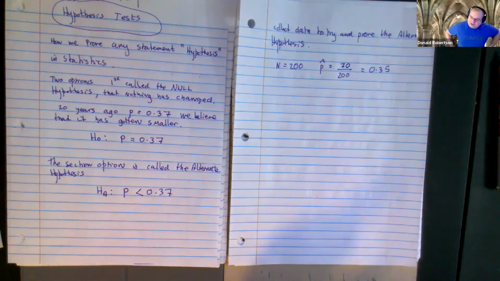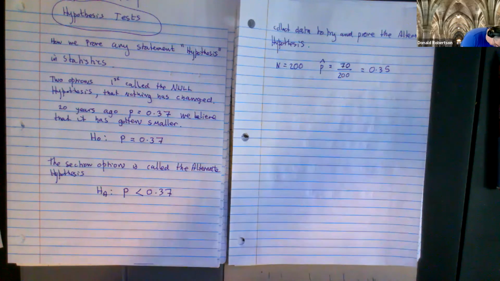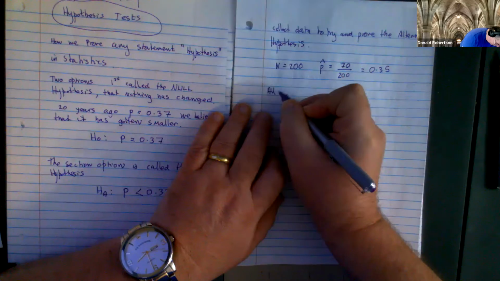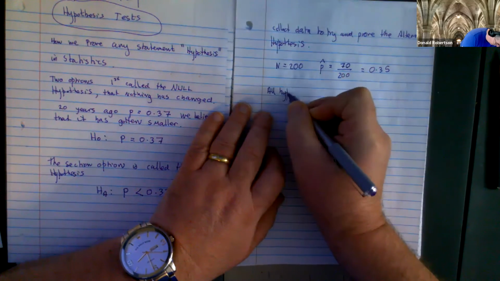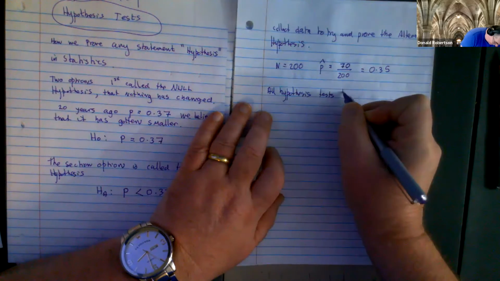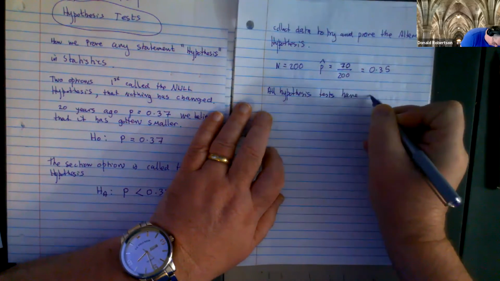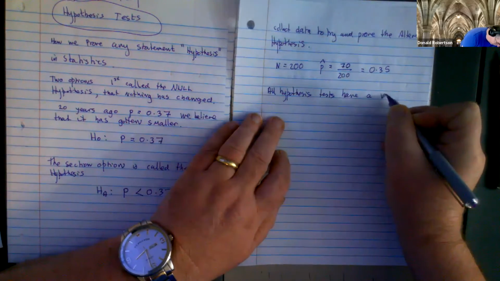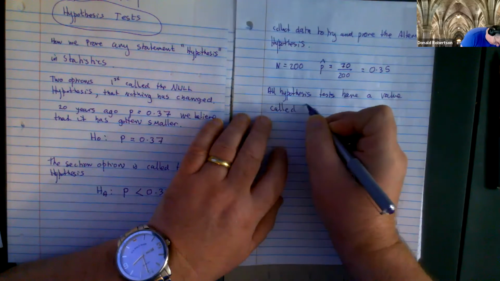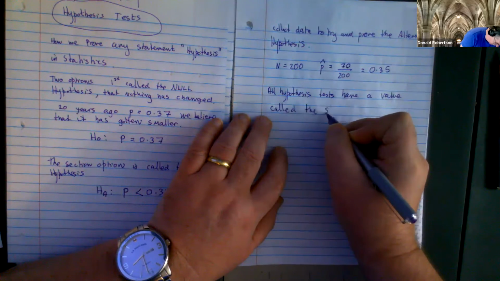So how do we decide how unusual something is? Well, we factor in a new thing. All hypothesis tests have a value associated with them called the significance level.